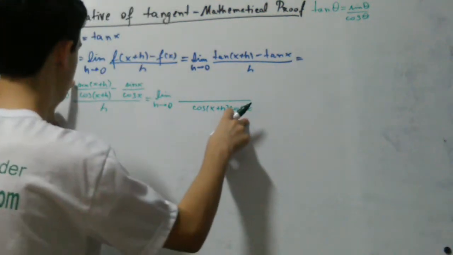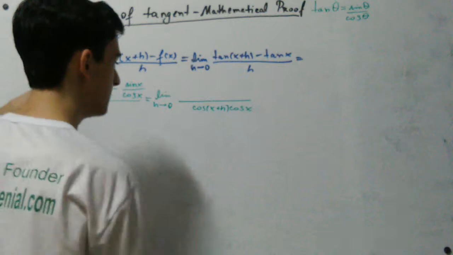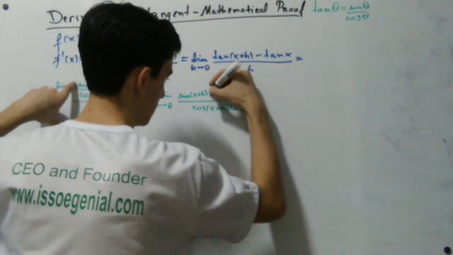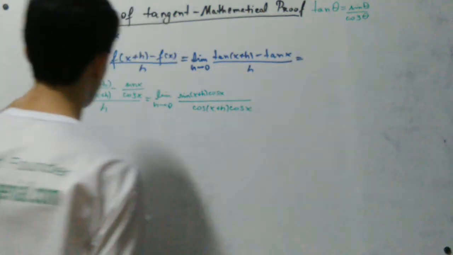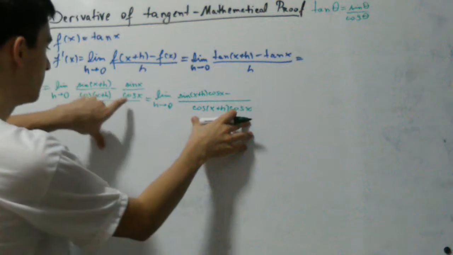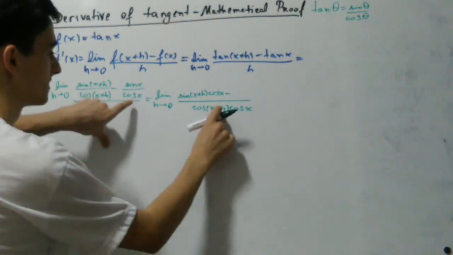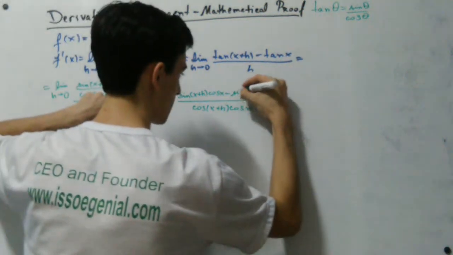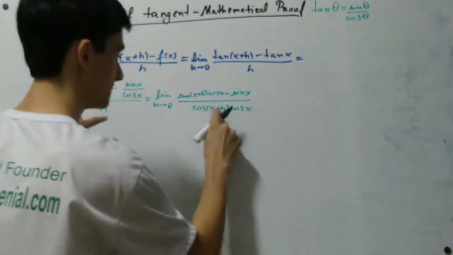And then we have sine of x plus h times the cosine of x. So minus, and then this divided by cosine of x is the cosine of x plus h. So it's going to be sine of x times cosine of x plus h.